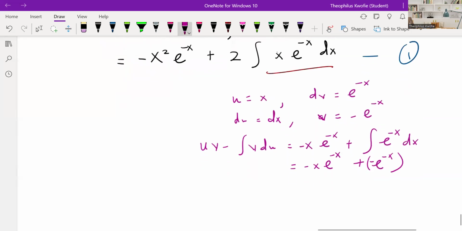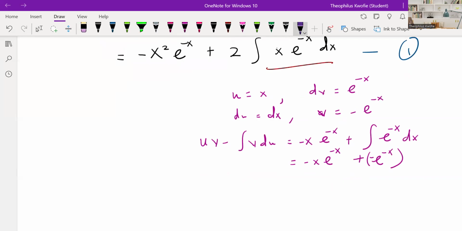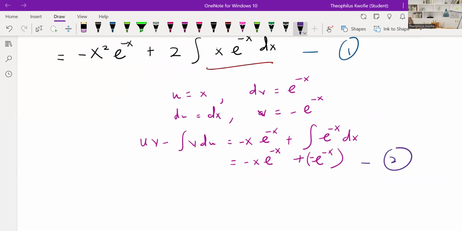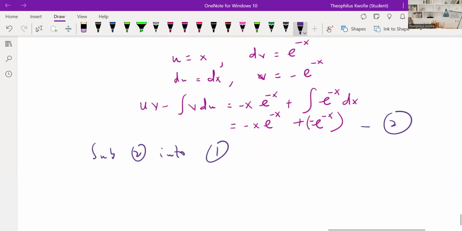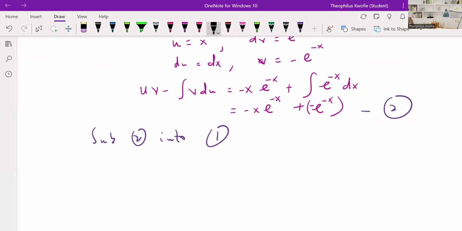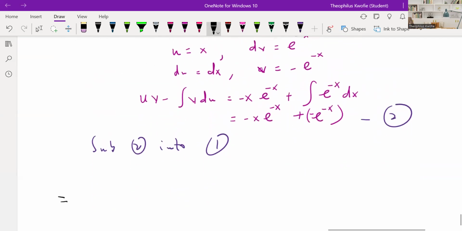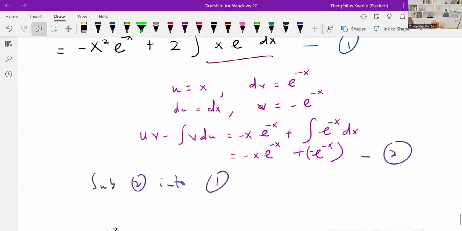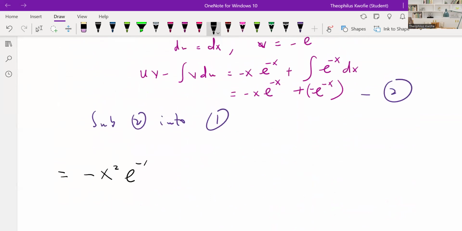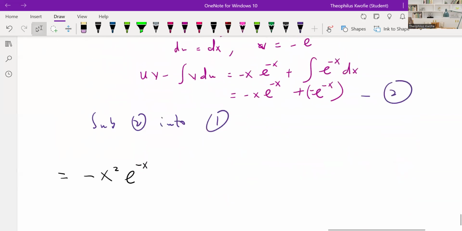Is that okay? So I will just plug this in. I would say substitute 2 into 1. By substitution, we're going to have minus x to the power 2, e to the power minus x, plus 2.